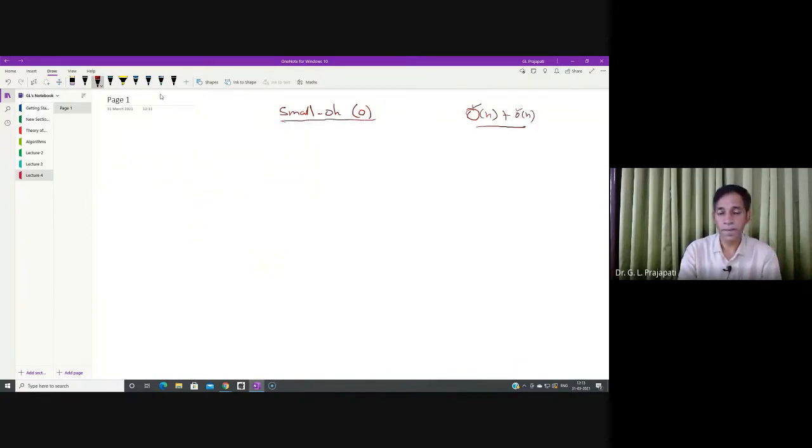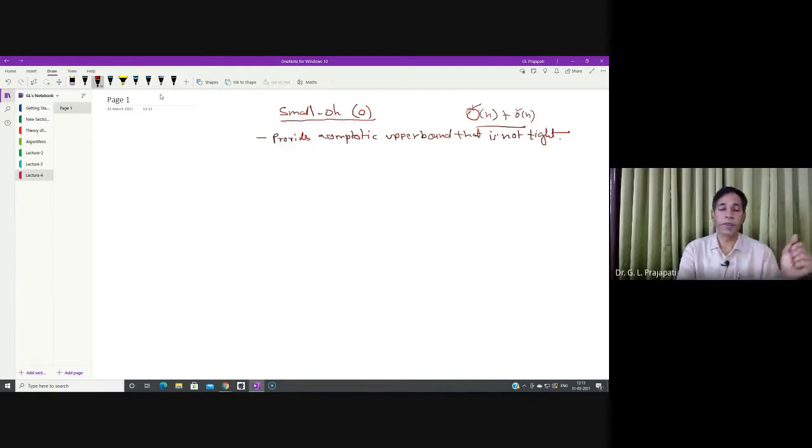So small o notation provides an asymptotic upper bound that is not tight.